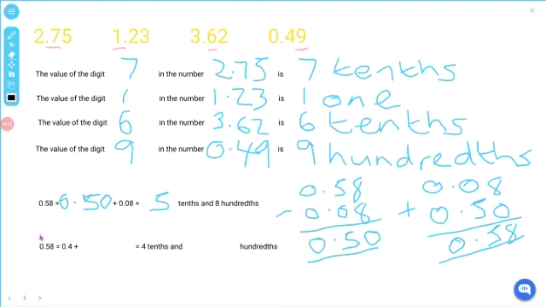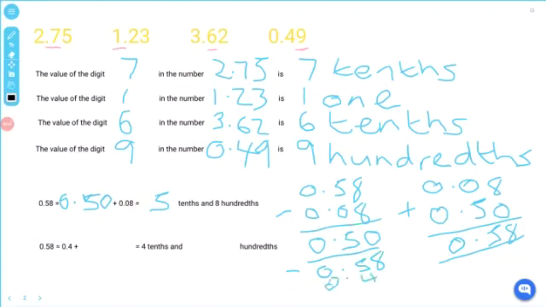So here, as you can see, we have 0.58 equals 0.4 plus something else. So again, we can use the same method. So what we need to do again is write 0.58 take away 0.4.